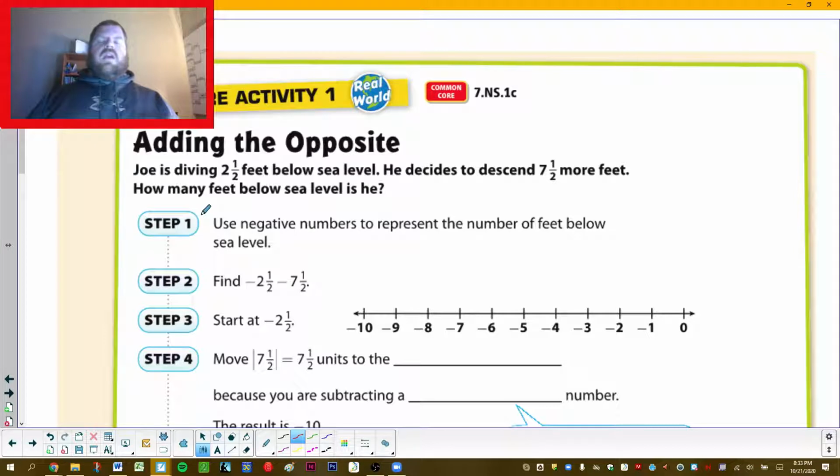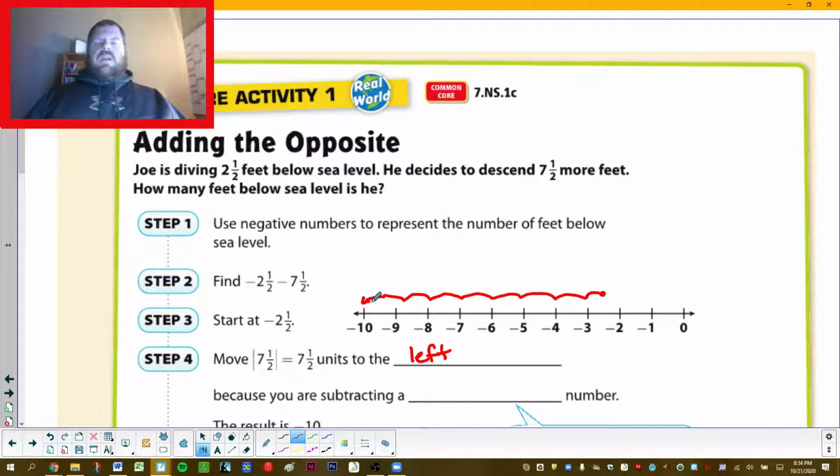So -2.5 is where we start. And then we want to move our 7.5 units. When we're subtracting, we want to move 7.5 units to the left. So I'm actually going to move my half and then move 7. Not too happy with how that looks.